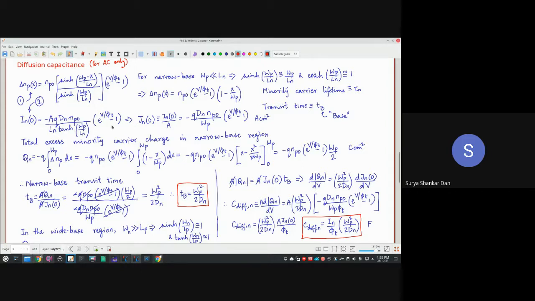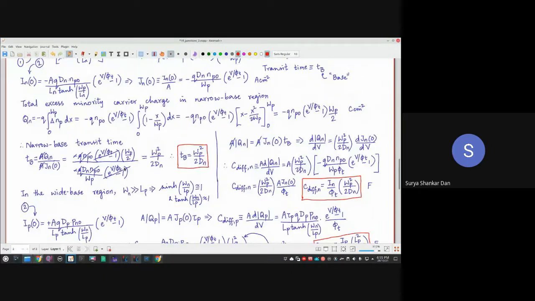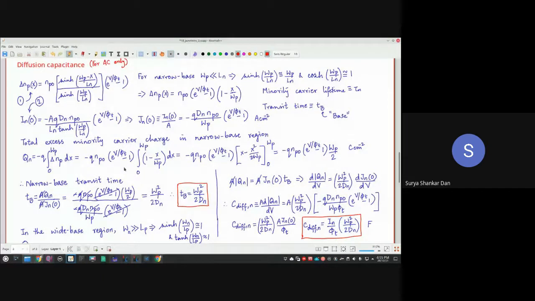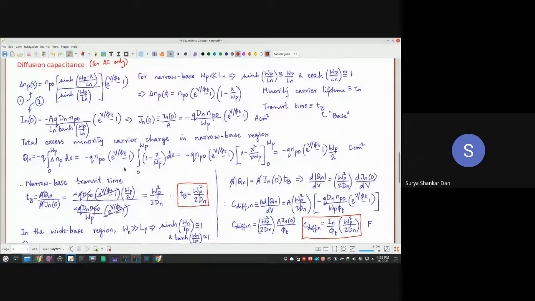Now, coming back to the case of narrow base, notice now we are gradually going into the BJT, but I will not go into the depth of the BJT analysis. So this is the last topic of diodes per se. And after this, probably today itself or tomorrow, if it's okay with you, we will begin with the MOSFETs. So let's see how much we can do.